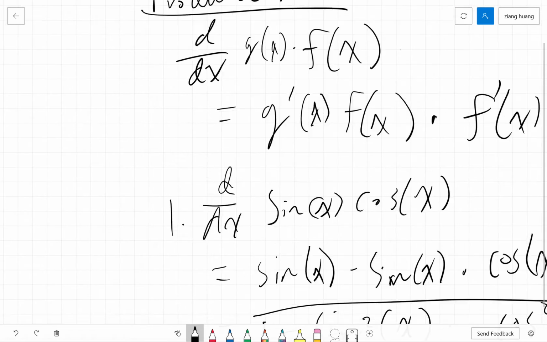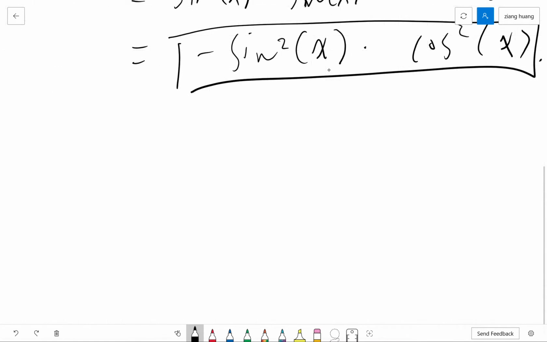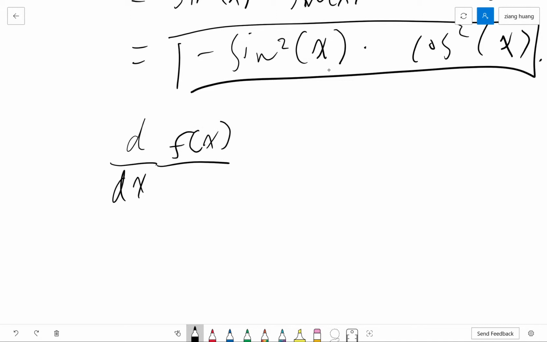So now, beyond the product rule, we have the quotient rule. We have two functions again. We have a function that is a quotient of two functions, f(x) and g(x).